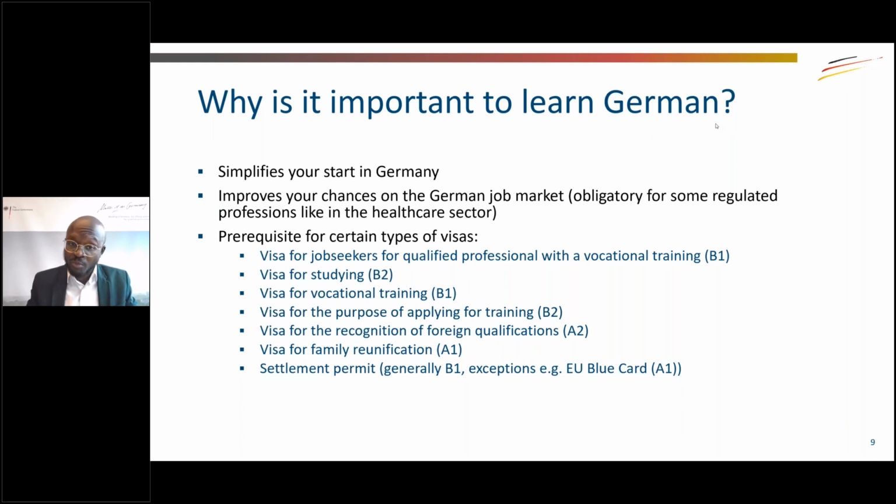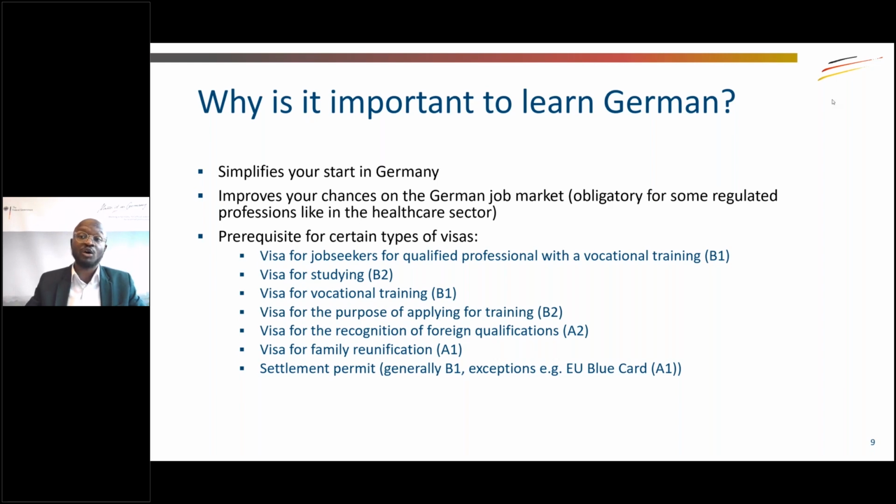For the visa for the purpose of applying for training, you also have to prove B2. For the visa for the recognition of foreign qualifications, you will have to prove A2. And for the visa for family reunification, you will have to prove A1. But this doesn't apply to everyone. There are some exceptions.